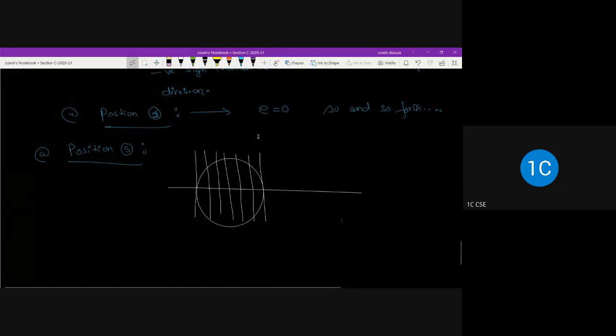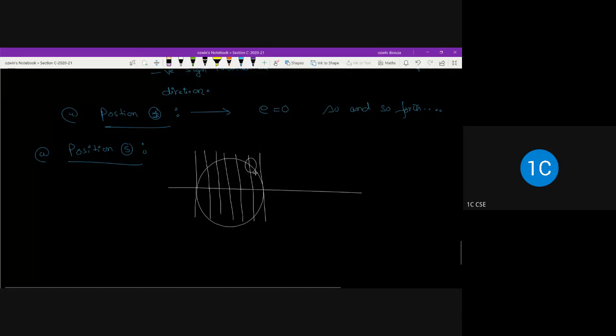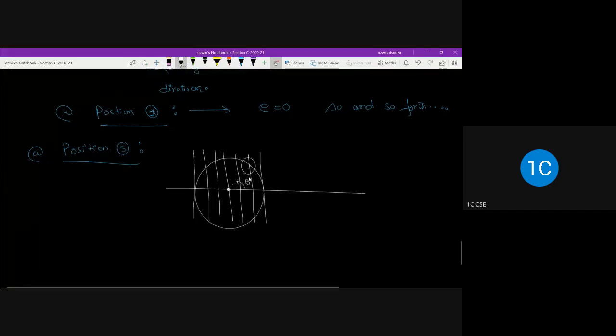And let me consider a single conductor in position 5. Say this is the origin, and this is angle theta. Let me zoom a bit.